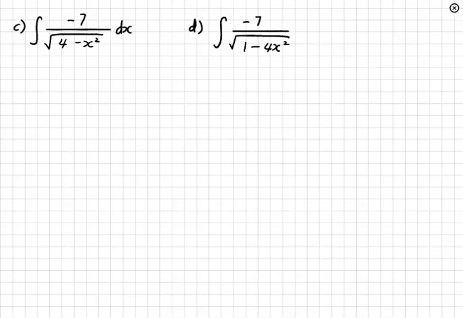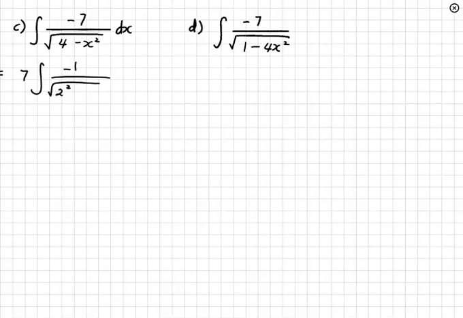Now question C, you have negative sign on the numerator. And then the denominator has a square root, and you have something take away x squared. So immediately, it looks more like integration of negative 1 over square root of a squared minus x squared. So I'm thinking about arc cos. So it's negative 7, but I do want to have negative 1 on the top. So that means I'm going to take 7 out. And square root of 4, I'm going to write it as a perfect square.